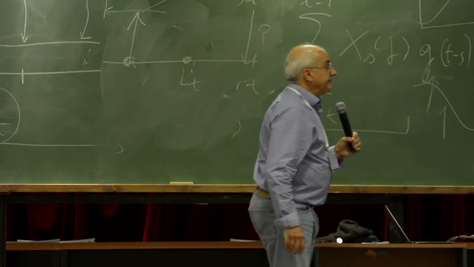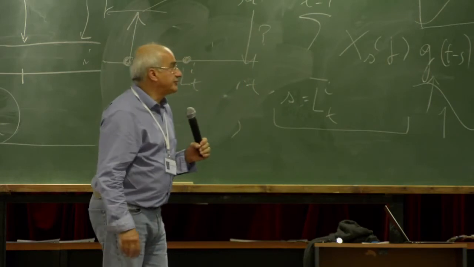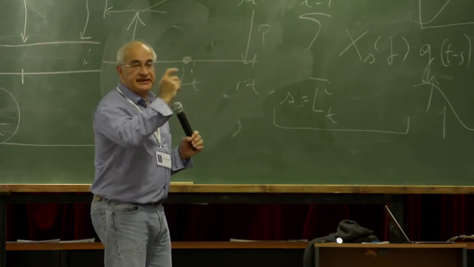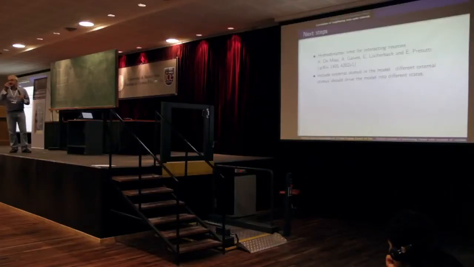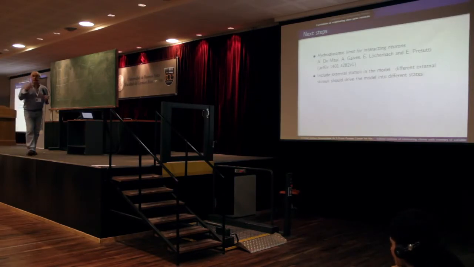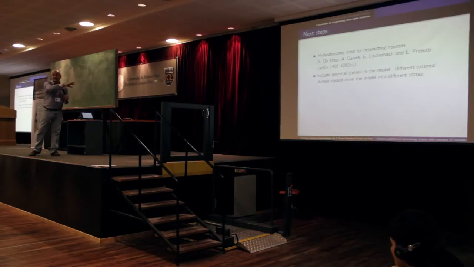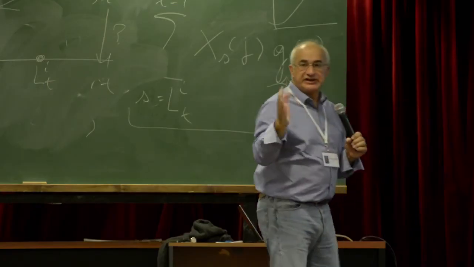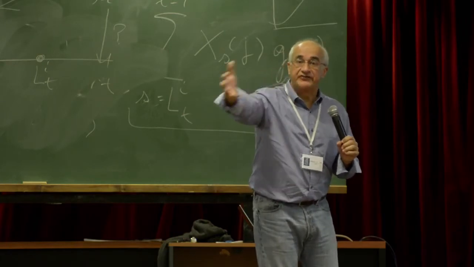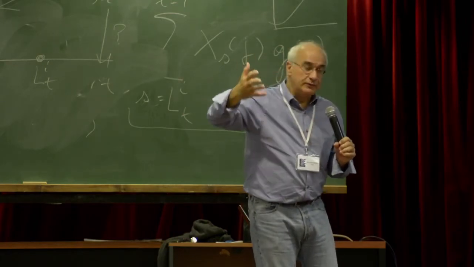Now, yesterday Marcelo showed a very nice situation in which he considered the way external stimulus influences the activity of a single neuron in a leaky integrate-and-fire model. Well, my model is a kind of generalization of this. So we need to put some kind of external stimulus and to prove that different external stimuli drive your system into different states, and state, I mean, in the sense of statistical physics, another law.